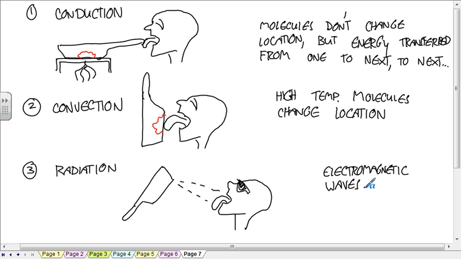It's the only one of these three that doesn't require any medium to move through, any intermediate molecules.